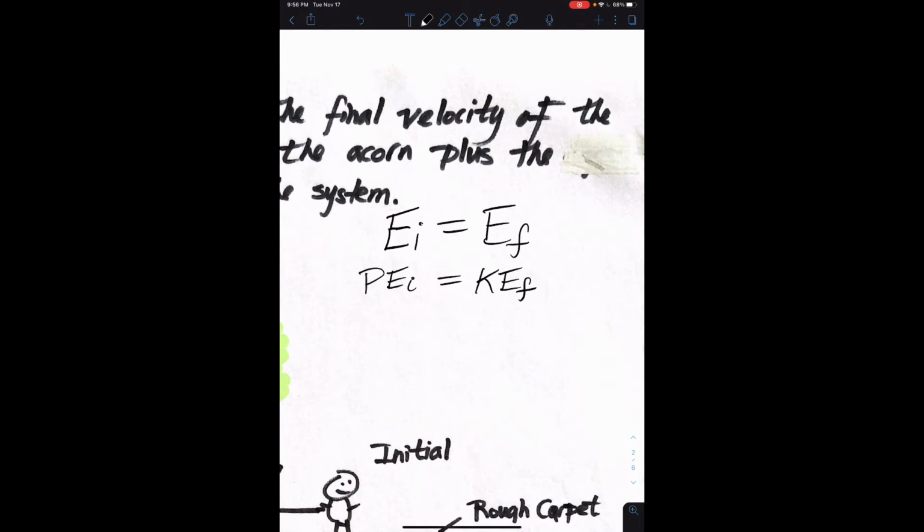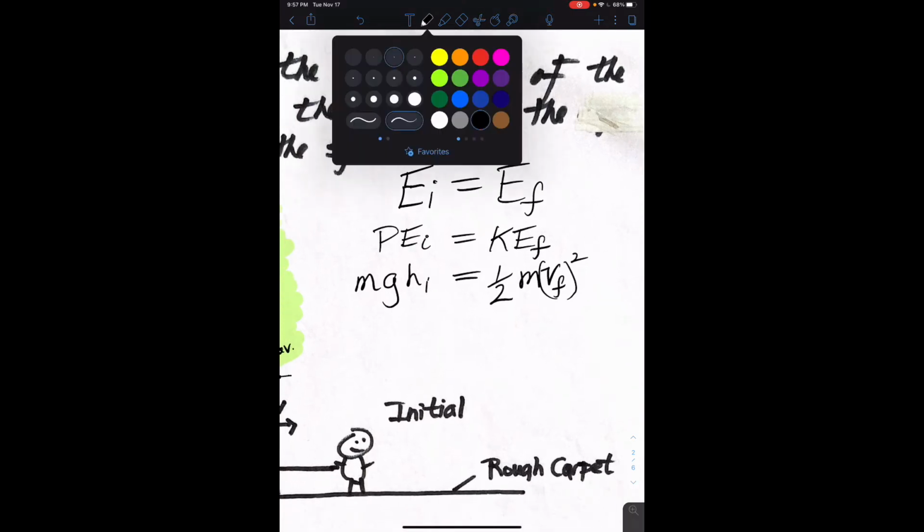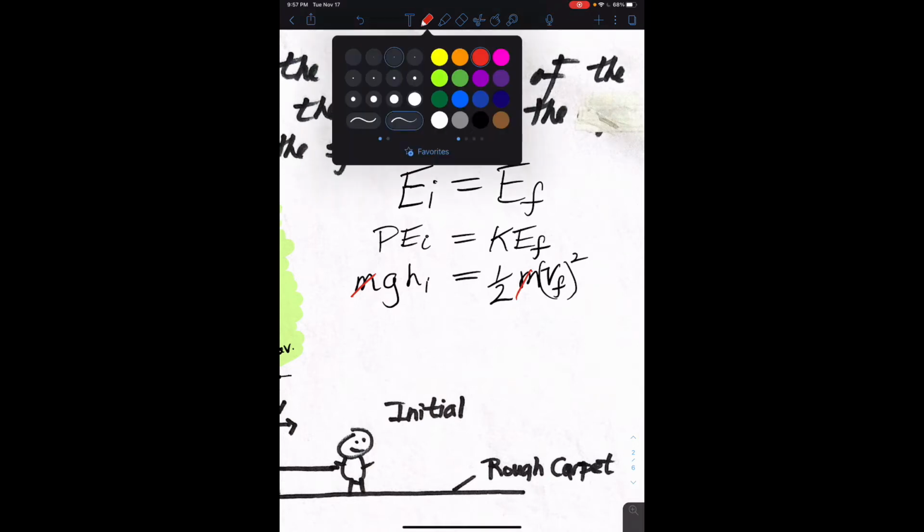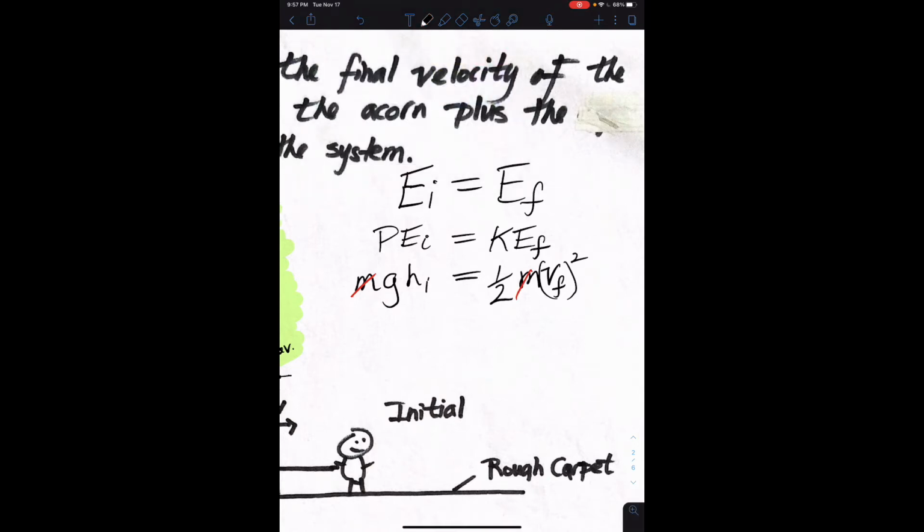So we can then write our formulas. PE is equal to mgh initial, and KE is equal to 1/2 mvf squared. We can see once again that we cancel off the two m's. I'm going to leave variables the way they are, and not put numbers in.